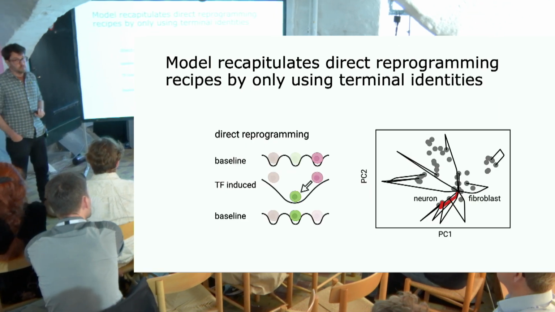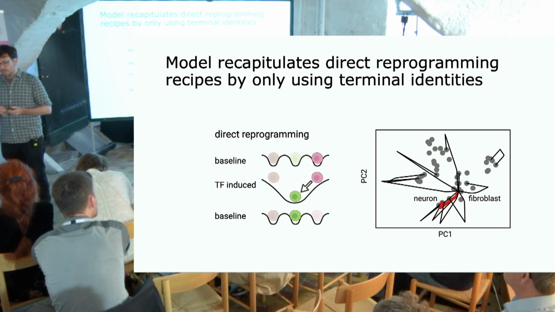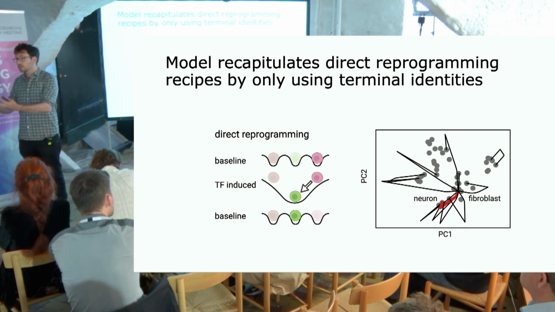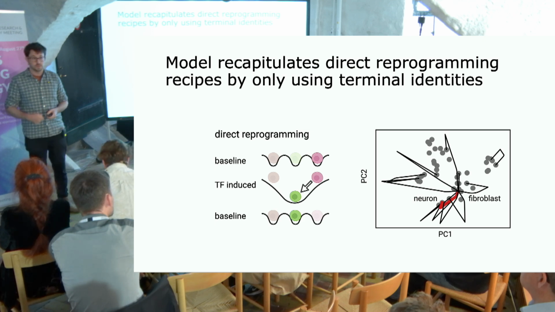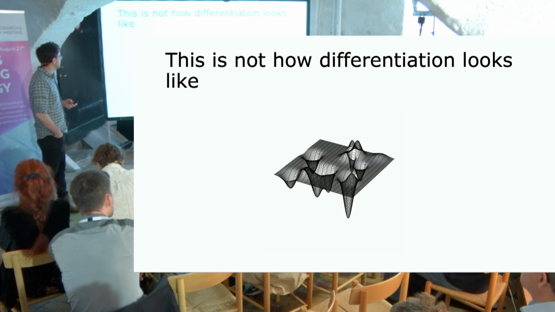We can do this for many different reprogramming recipes, and it works. So what this basically says is that the success of reprogramming has to do with the statistical nature of the patterns that the system is storing, because we can recapitulate this with these types of simple in silico perturbations.